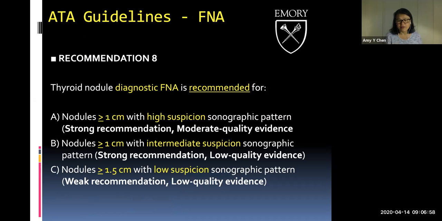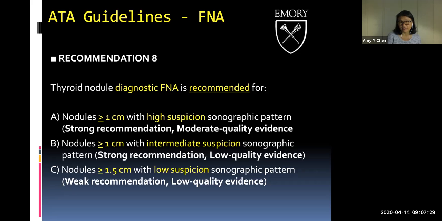And therefore, they found that the mortality rate wasn't really changing in spite of having an increase in identification of the cancers. So that means that the patients that were being diagnosed with thyroid cancer with these nodules were really being diagnosed with non-clinically significant disease.